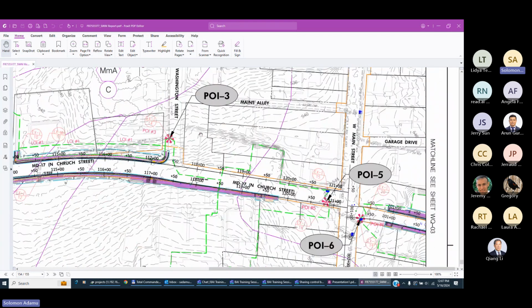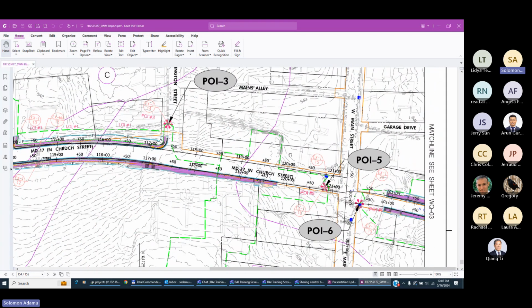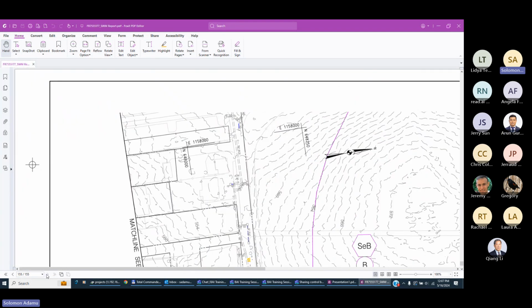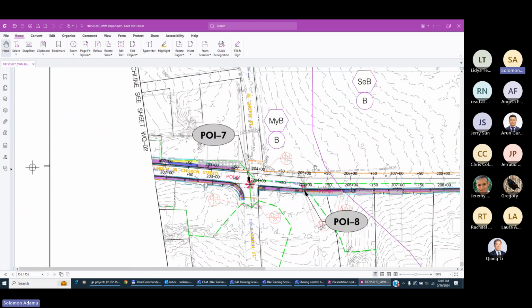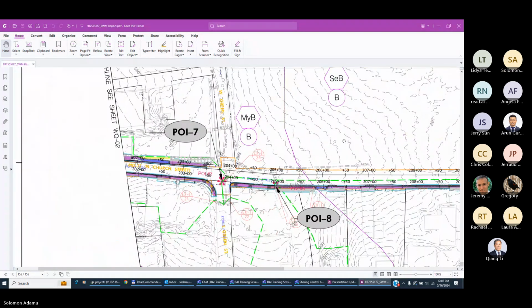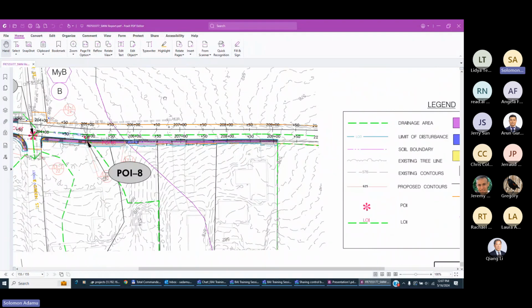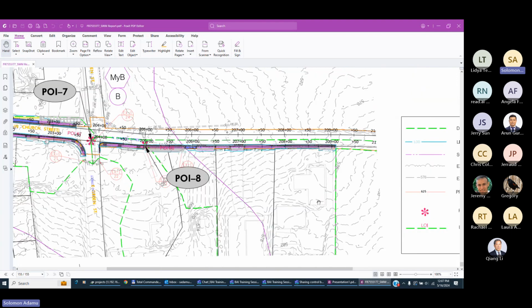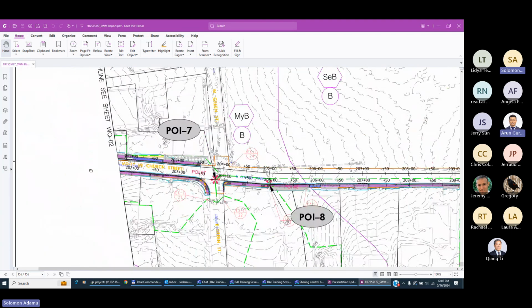Here we have POIs, and I think we have LOI also, the so-called line of investigation. That means it is the place where the flow leaves the site as sheet flow, not concentrated flow. For that purpose, we are defining the LOI. I thought we have the LOI here, but I think it's on the previous sheet.